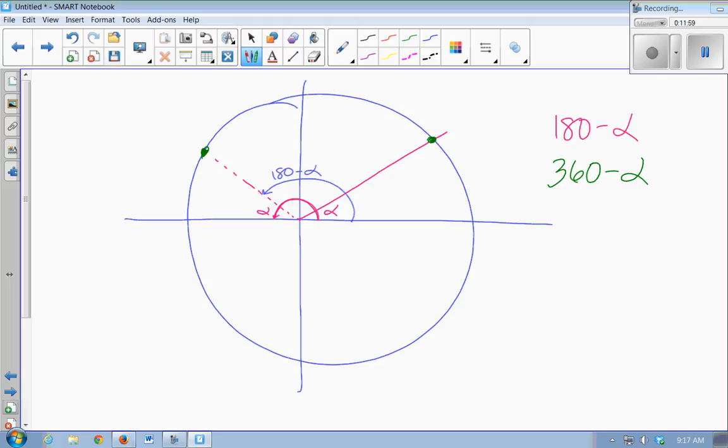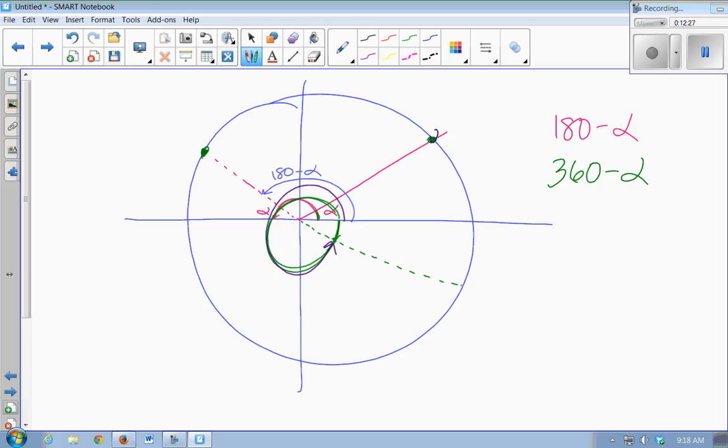And let's say I wanted to do 360 minus alpha, right? I would do a whole circle around, and then I would have to go backwards by the angle alpha. So I would say, okay, well, alpha is about this big. I want to put it right here, right? So that's about the same size as alpha. So I go 360 and then go back by alpha. So my angle is actually this green one right here, 360 minus alpha.